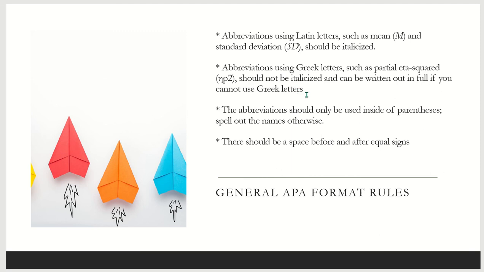If you don't have Greek letters that you can use in your word processing program, then you can write out the word. Abbreviations should only be used inside of parentheses, otherwise spell out the names. And there should be a space before and after your equal signs.